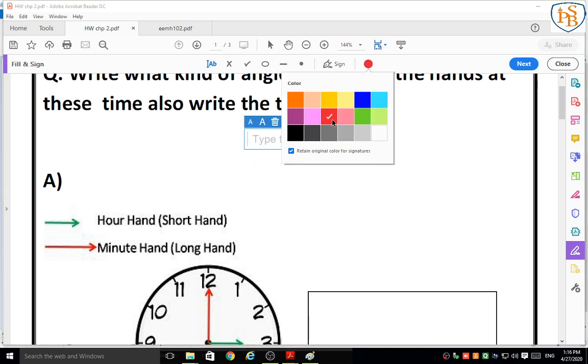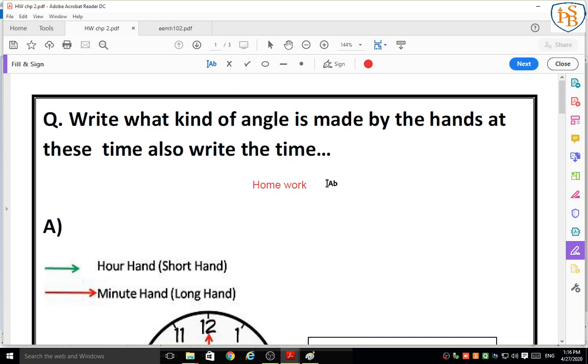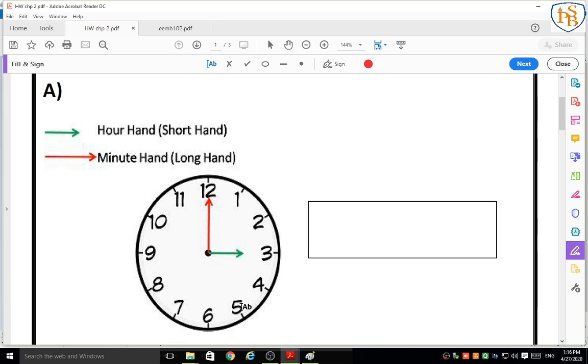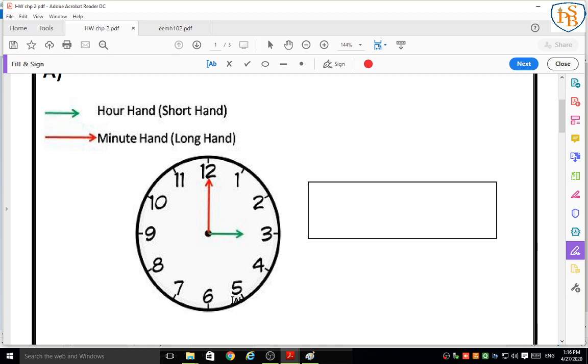It means when you see this video, it will be helpful for you. Here, by using the picture you have to write what time it is, and after that you have to write what kind of angle is made by the hands.